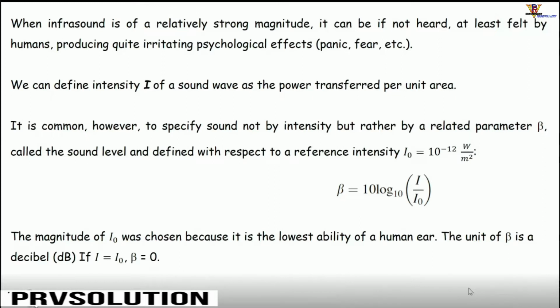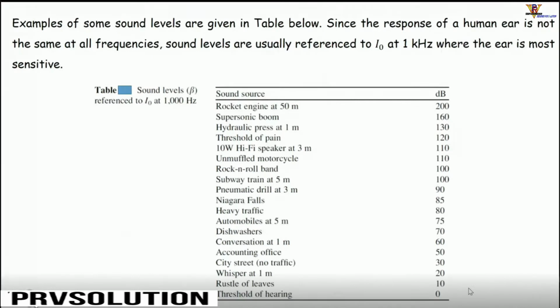Now here we have a table in which different sound levels are given. One more thing I want to tell you: the response of a human ear is not the same for all frequencies, and sound levels are usually different at different frequencies. Here in this table, the sound level is given with reference to the reference intensity I naught, at a particular frequency, 1 kilohertz.